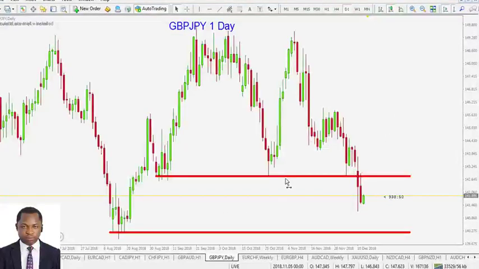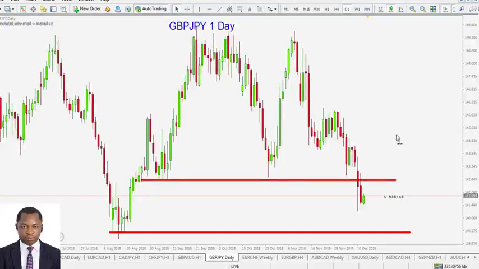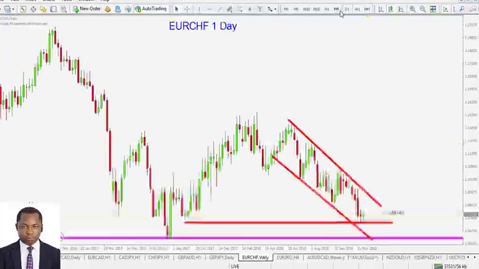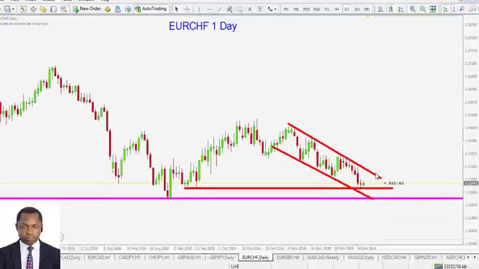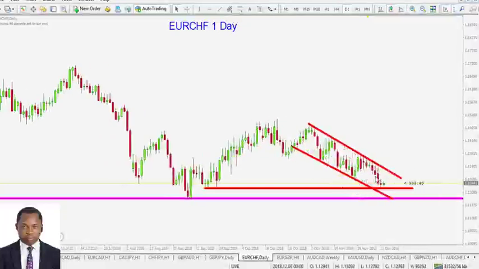Sterling pounds against Japanese yen, trading below support. Euro against the Swiss franc.